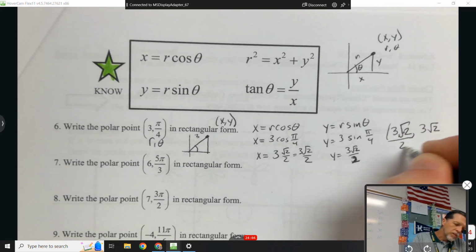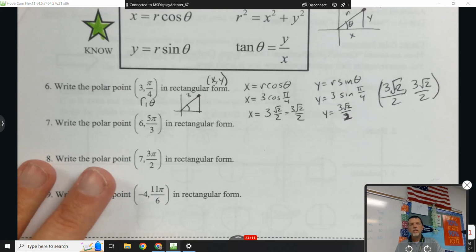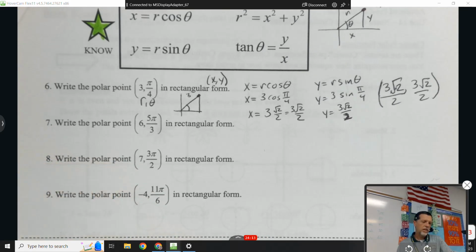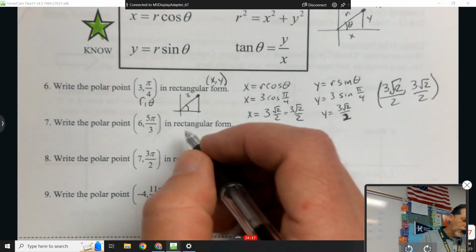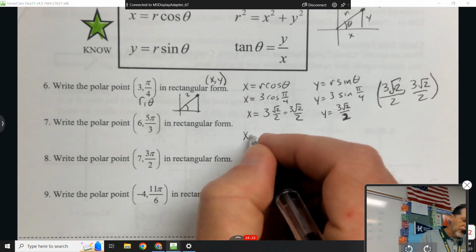Both of them over 2. Again, is the picture helpful? It is to me, but if you just want to jump to the equations, you can do it that way.